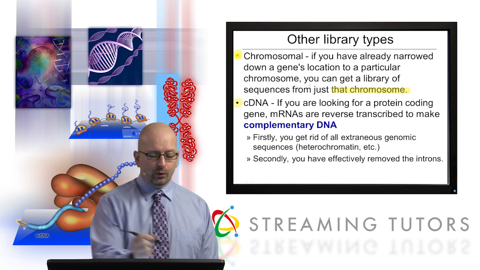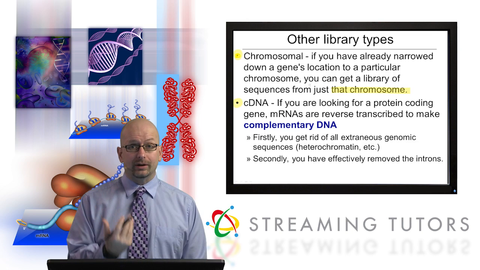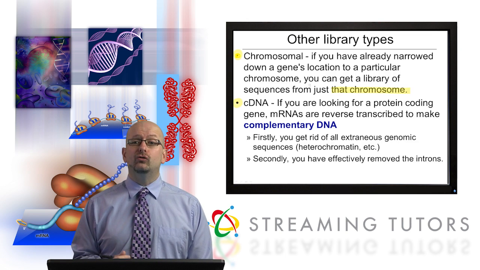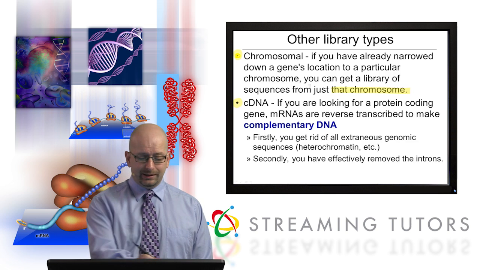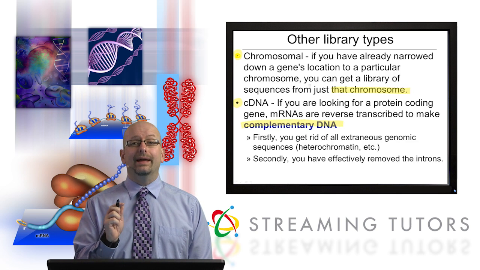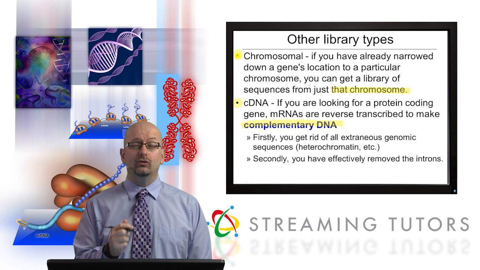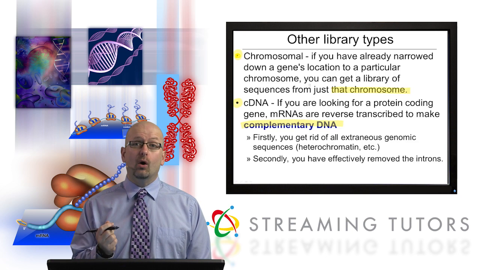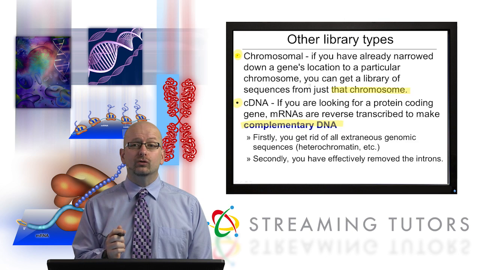A very important and interesting type of library, and just a concept in general, is that of a cDNA library. cDNA stands for complementary DNA. So if you're looking for a protein coding gene, which you're not always, but you often are, you can save yourself a lot of time by using cDNAs.